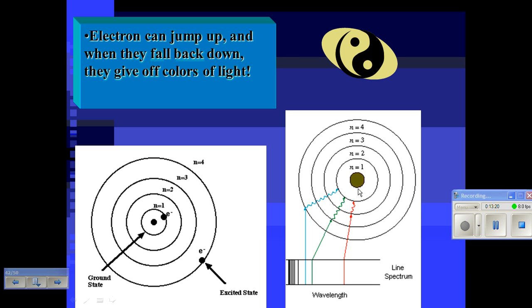So the shorter the drop, then you have a wave that has a lower frequency, a larger wavelength, and you see colors that are in the reds. Then the higher the jump is, so when it falls back down, it's giving off a greater amount of energy, then you see colors in the blues and the purples.